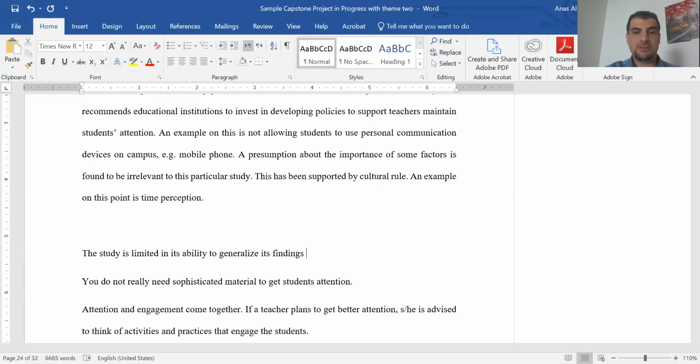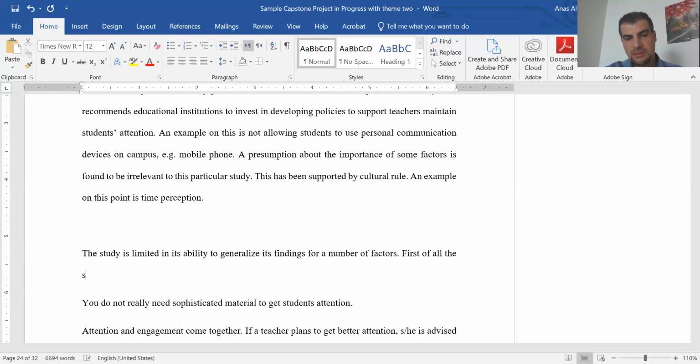The study is limited in its ability to generalize its findings for a number of factors. First of all, the study takes a very limited number of participants as a sample.